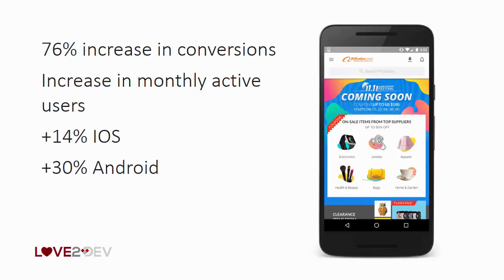They added 14% more iOS users, which I think in China is a huge deal because iPhones are a lot more expensive per capita there than they are here. And I think they're rarer to find as well. But they also saw a 30% increase in customers and engagements, or whatever their metrics are, on Android. So both platforms saw a major increase in customer engagements.